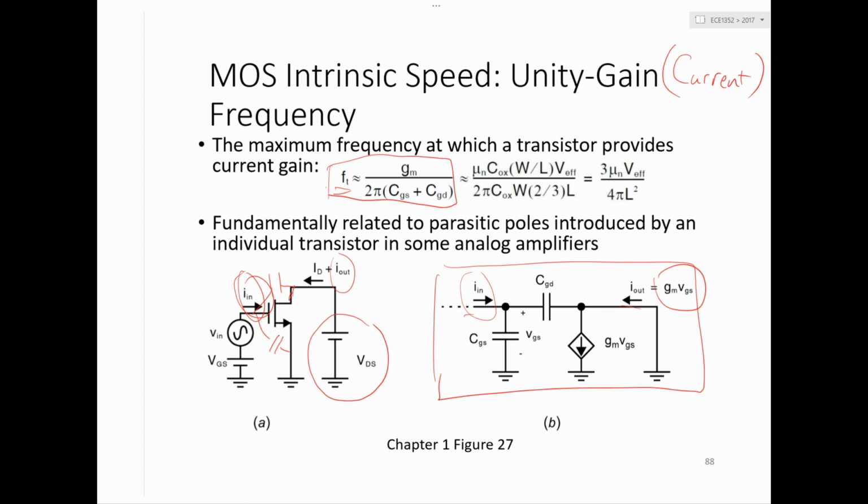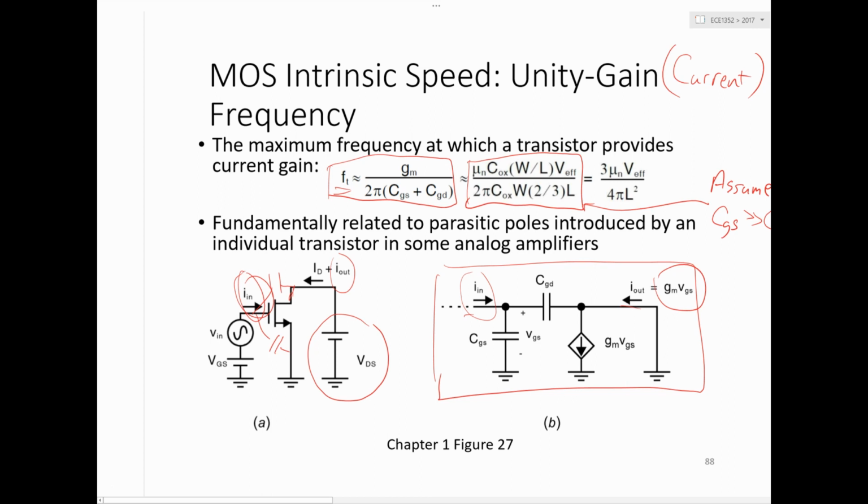So if you substitute in then the square law expressions for GM and capacitance, gate capacitance, right? So here the approximation that was made is that we assume that CGS is bigger than CGD.